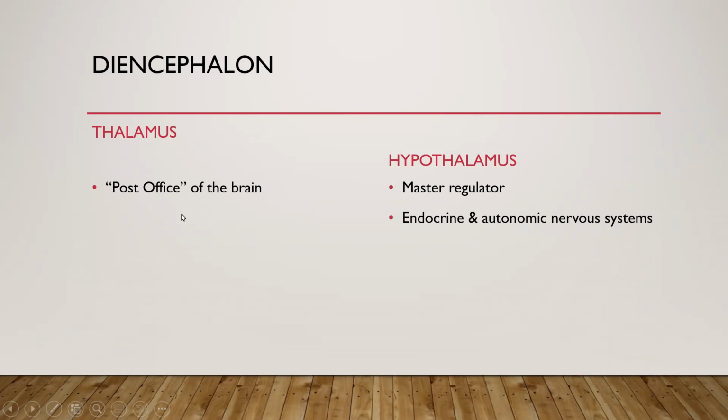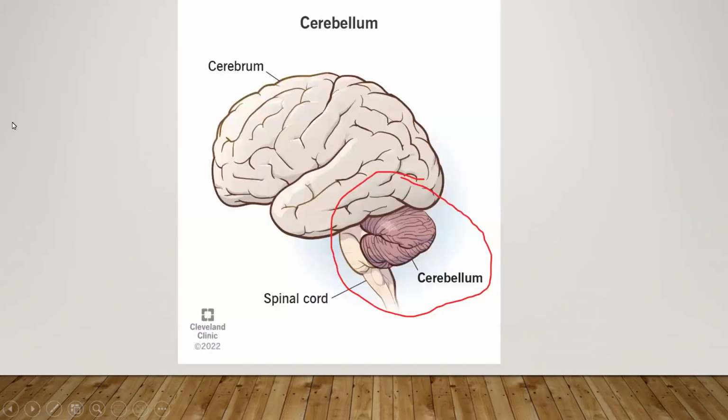It relays the sensations that our body feels, the signals that reach the brain, and then sends them out to the appropriate parts of the brain to execute the function. The hypothalamus is a master regulator, and it regulates things such as the endocrine system and the autonomic nervous system.